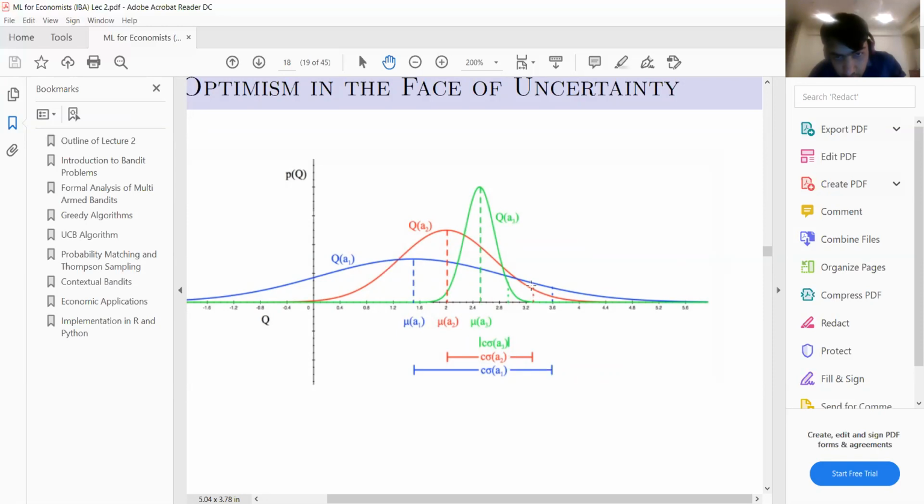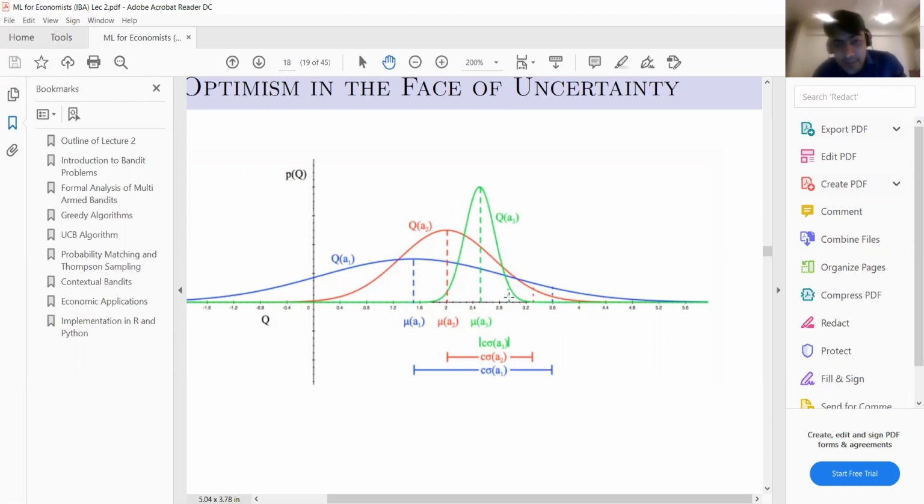If you can see these dotted lines for the blue, the red and the green distributions, these are the 95% confidence intervals, or the area to the right of that has a probability of, well, you can say 5%. Well, it's actually a one-sided interval, so it's not a two-sided interval as you're used to in standard econometrics. So the area to the right of the shaded green line, the red line and the blue line is 5% probability.